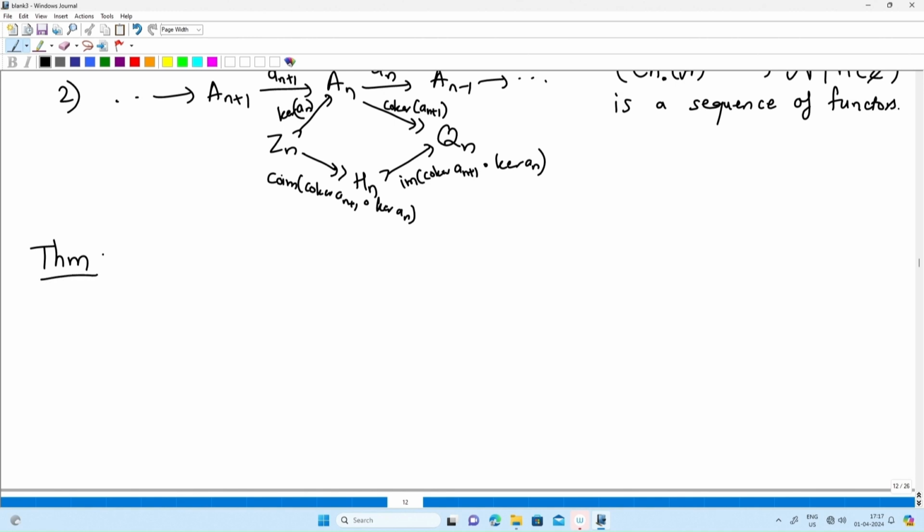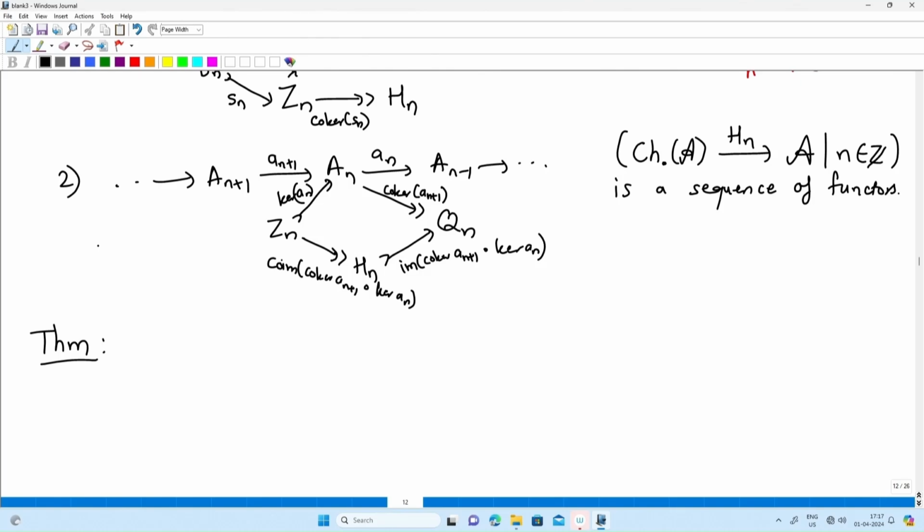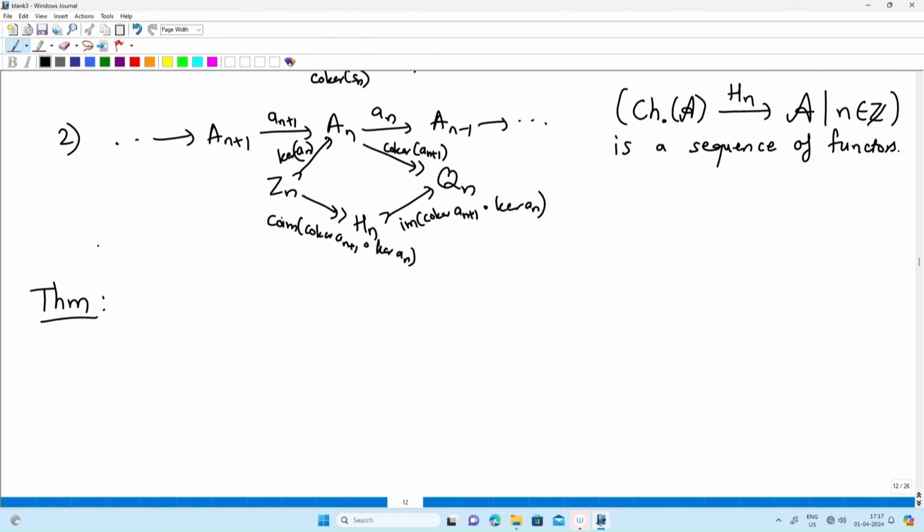This is one of the defining properties of a homology theory, or equivalently a cohomology theory. There are certain properties which such a theory should satisfy: it should be a sequence of such functors indexed by integers which satisfy certain axioms called the Eilenberg-Steenrod axioms.